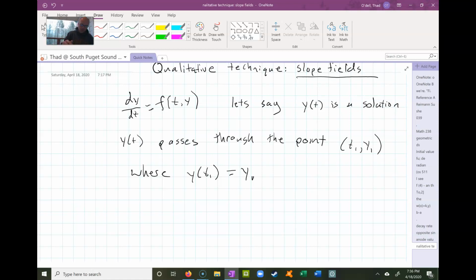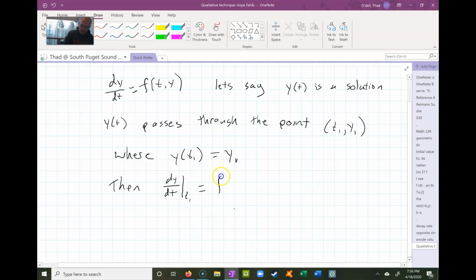And so then, this is the key part here. If this is true, we also know that dy/dt evaluated at t sub 1 would be equal to f(t, y), so referring back up to this function, f(t sub 1, y sub 1).